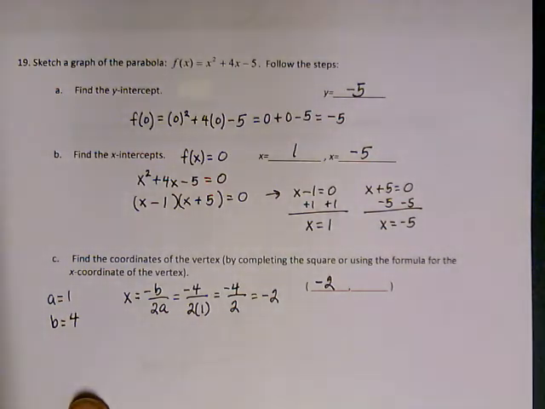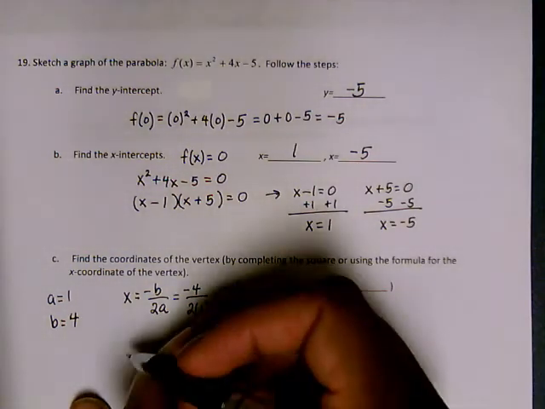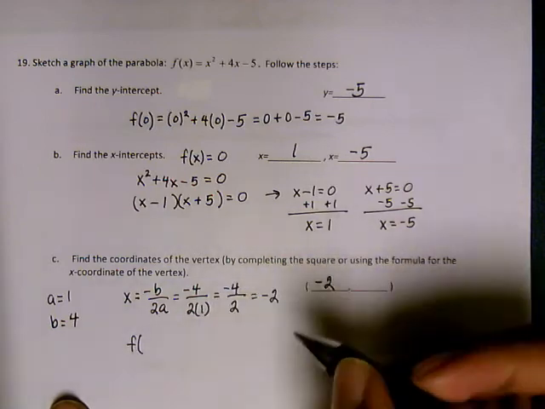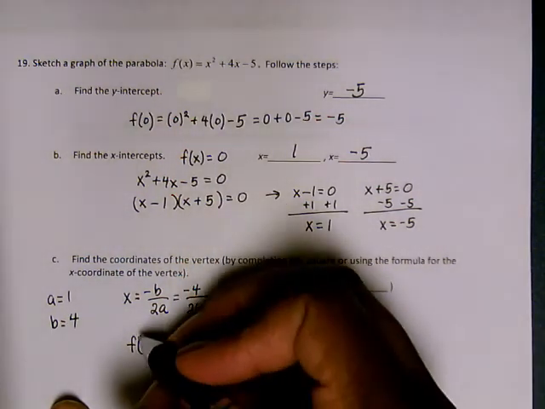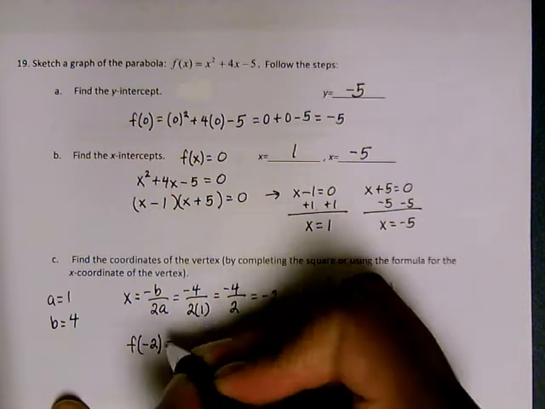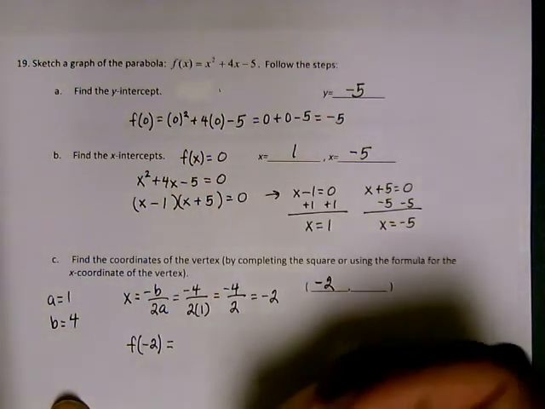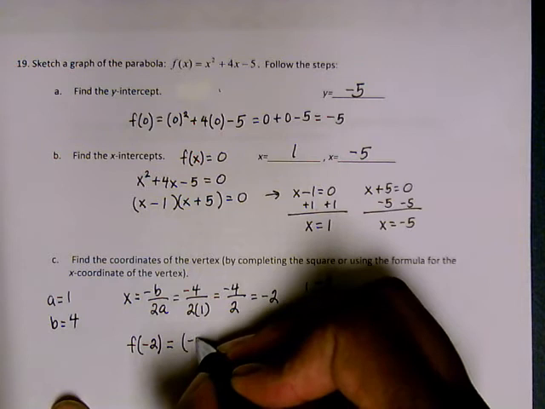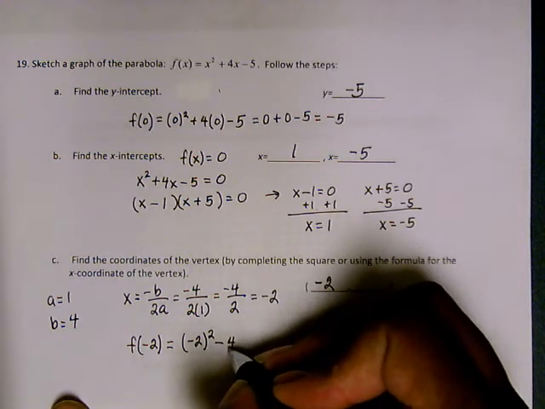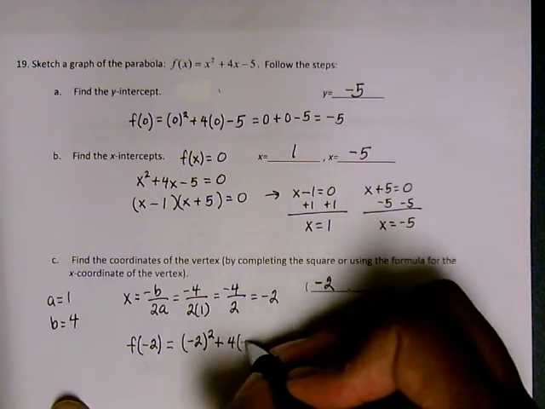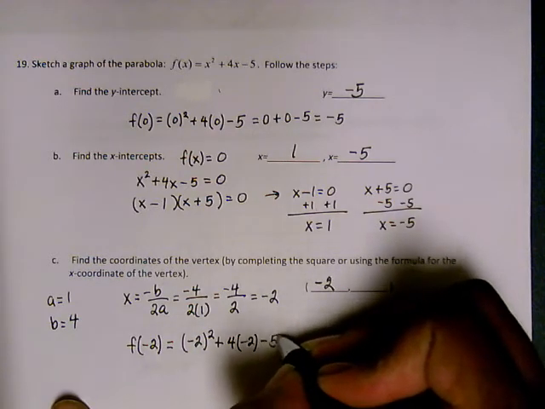Now the y-coordinate of the vertex, I need to find by substituting negative 2 in for x. So for each x in the original function, I'm going to substitute negative 2 in its place. So it'll be negative 2 squared plus 4 times negative 2 minus 5.